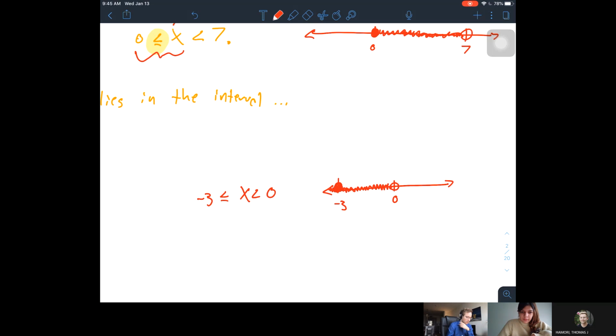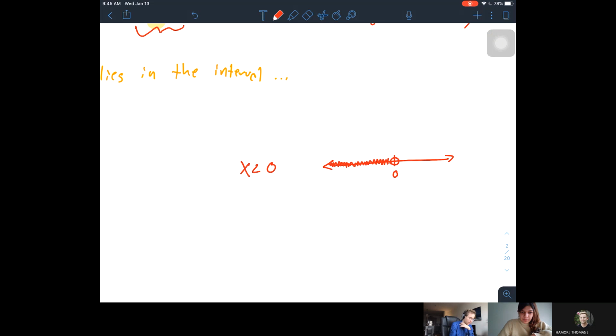But if we don't have that, then we don't. And it's possible that we have open dots on both sides, for example if we had this. We'd have an open dot on both sides.